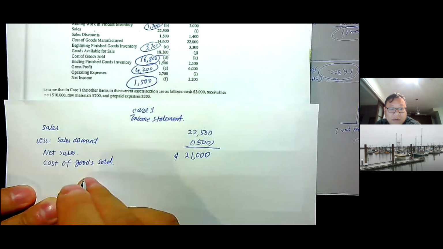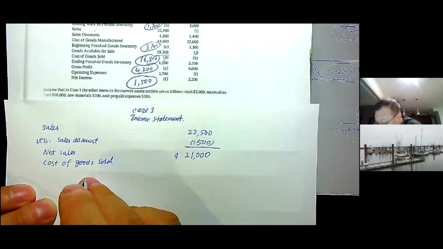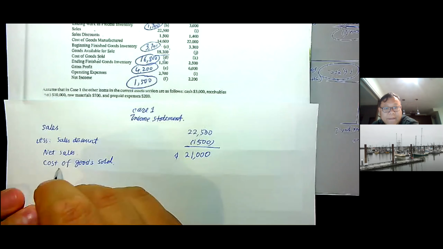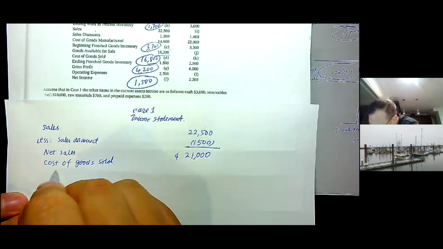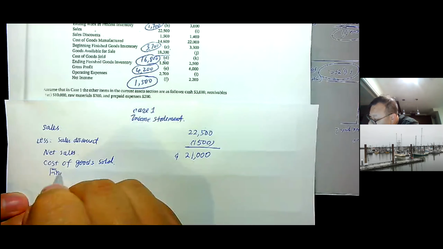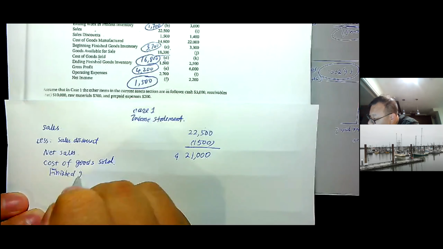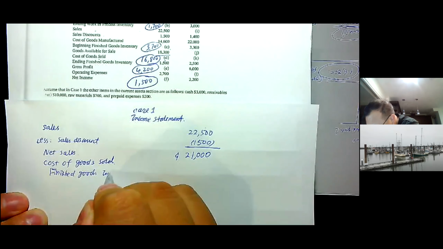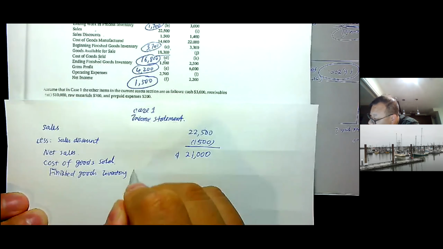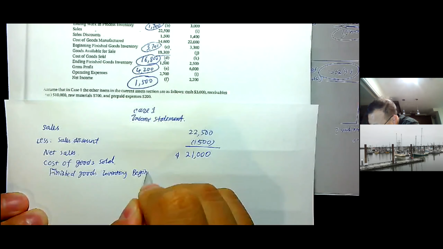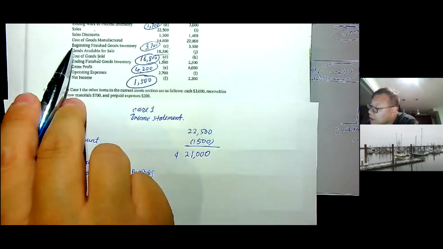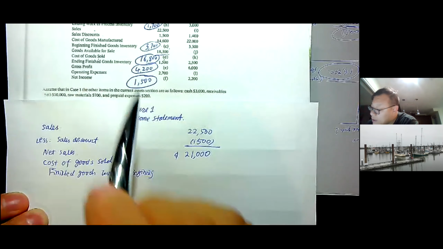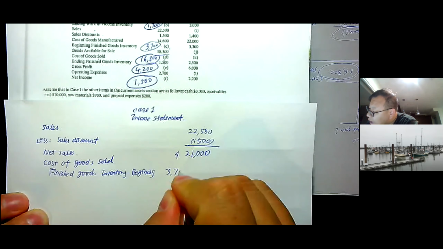So how to figure out the cost of goods sold? We are using which inventory? We are using finished goods inventory. So finished goods inventory, we use the beginning. Finished goods inventory beginning, this one we figured out, 3,700.